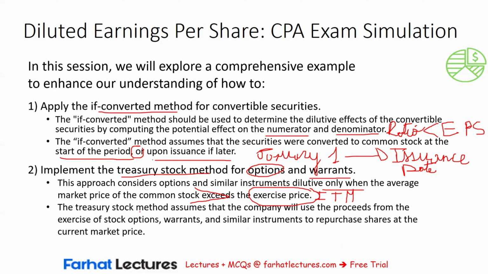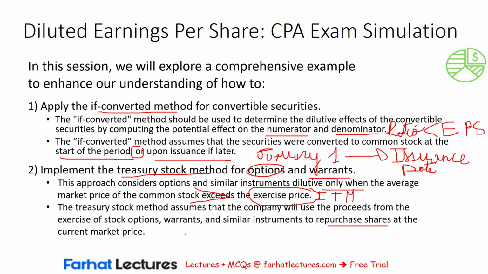The second assumption for the Treasury stock method is that the company will use the proceeds from the exercise of stock options, warrants, and similar instruments to do what? To repurchase shares at the current market price.